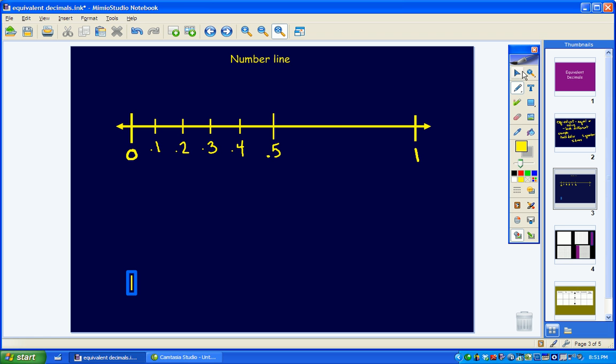So let's use that same strategy to come over here and do from 5 all the way to 1 whole, because these are just decimals. They're fractions of the whole number.